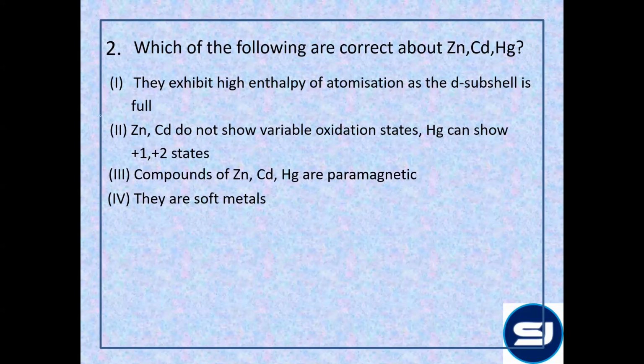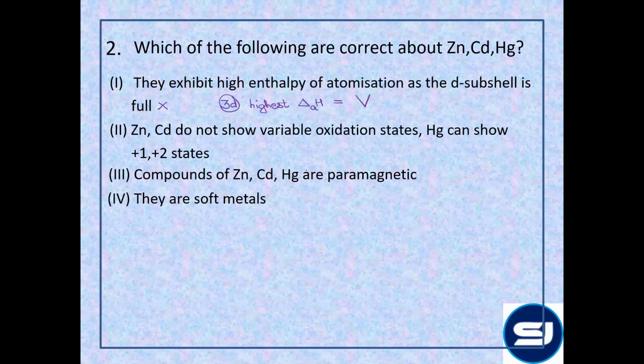Because zinc, cadmium, and mercury, because of the D10 configuration, have the lowest enthalpy of atomization. In fact, among the 3D series elements, the highest enthalpy of atomization was for which element? Should be known. Vanadium.